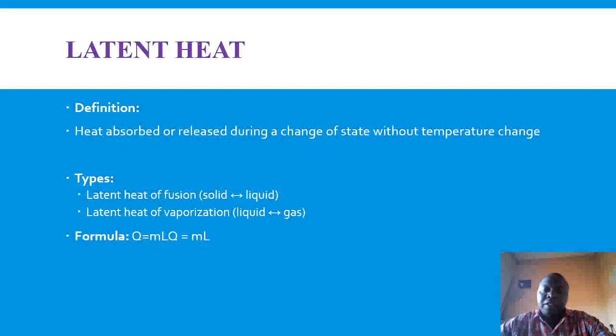Now with the specific, either latent heat of fusion or latent heat of vaporization, you can fit in based on what you're looking at a particular time. If you're getting the quantity of heat in relation to specific latent heat of fusion, it will be Q equals m l_F. Then if it is specific latent heat of vaporization, it will be Q equals m l_V.